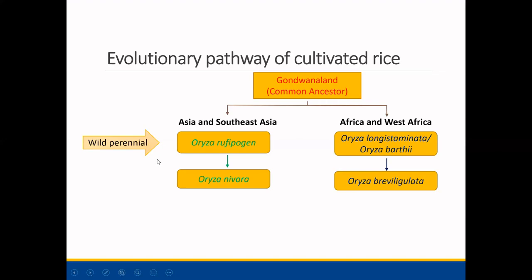That's how the rice crop originated. It was a perennial, and most importantly, currently we grow rice as a lowland crop, but it originated as an upland crop. We converted it into a lowland crop.